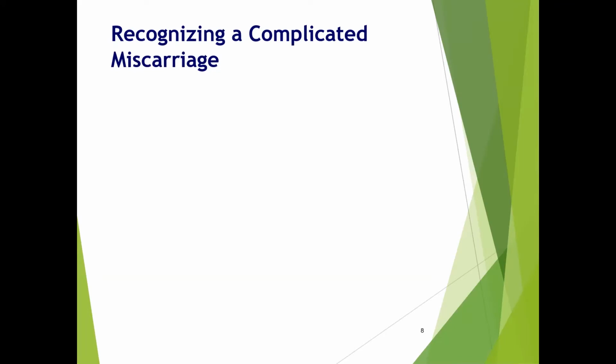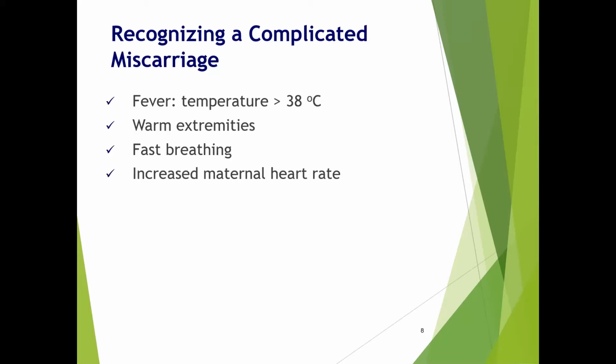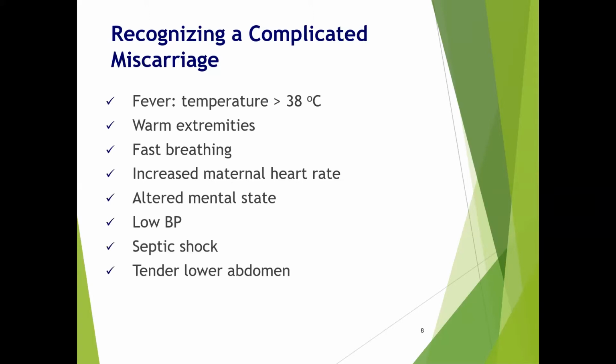Importantly, we also need to recognize a complicated miscarriage. The most common complication is infection, whereby you can get fever and warm extremities. The patient will be tachypneic and have tachycardia. They will also have an altered mental state. They'll be hypotensive, and they may have signs of septic shock.